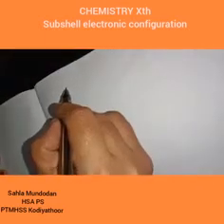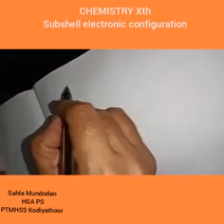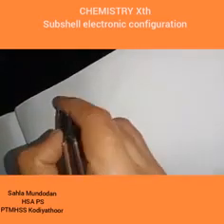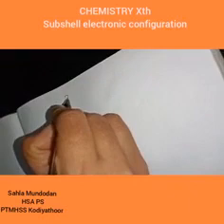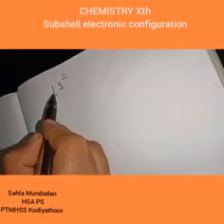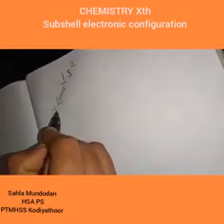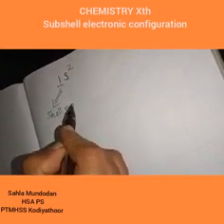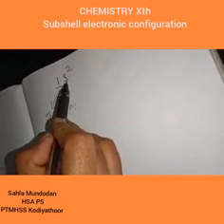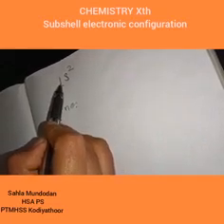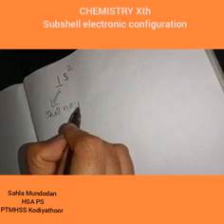Then we can conclude the subshell electronic configuration. When we write the subshell electronic configuration, we must care about these numbers. That is, the number on the left side of the subshell is which number? Shell number. That is, 1s means the subshell of first shell. Here shell number is 1.